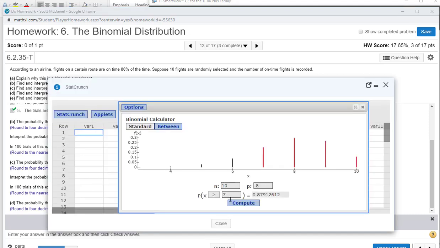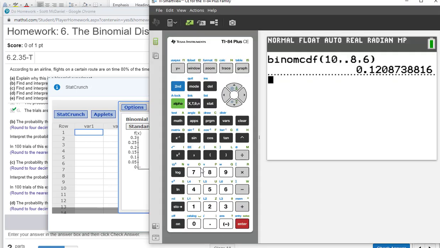Notice that at least 7 or higher is the exact opposite, the complement, of less than 7, which is 6 or lower. If I switch this over to less than 7, I get these highlighted. So it's 1 minus that.